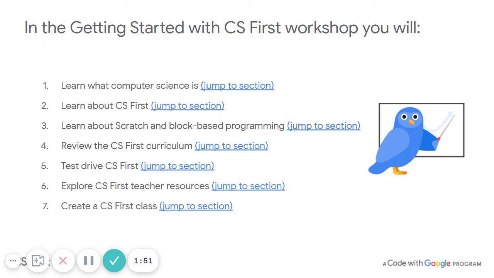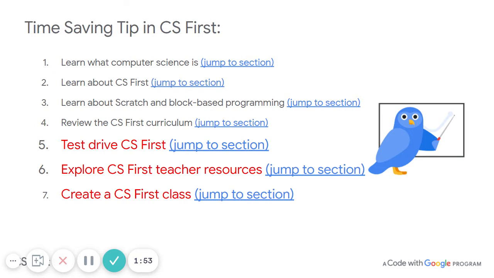Now, because we may have another webinar or another training to complete, I do want to give you a time-saving tip for CS First. If you do access the bit.ly and go straight to the presentation, you can go ahead and start with 5, 6, and 7, the point where test driving CS First, explore CS First teacher resources, and create a CS First class.